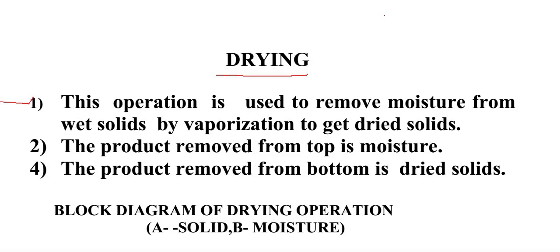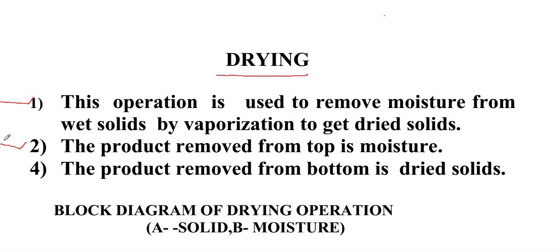So here heat is supplied to that wet solid, due to which moisture associated with that wet solid gets vaporized and it is removed. Second point, the product removed from top is moisture. So when you heat that wet solid, automatically moisture gets vaporized.